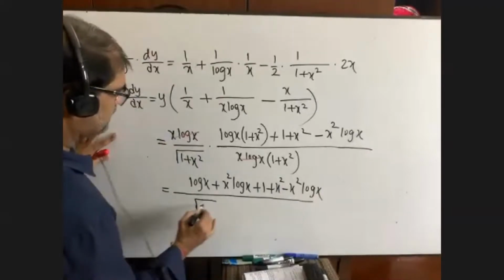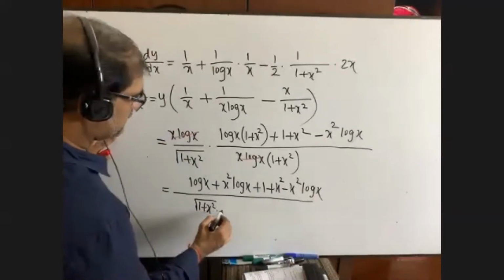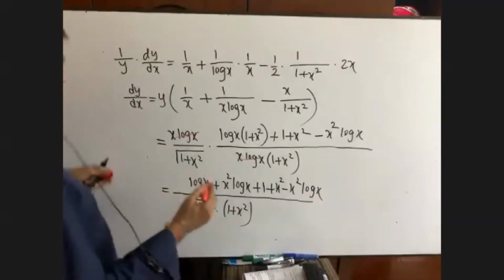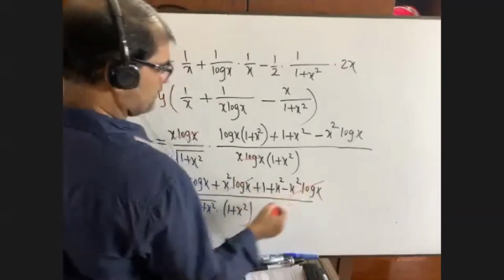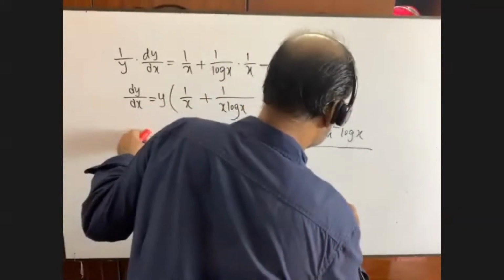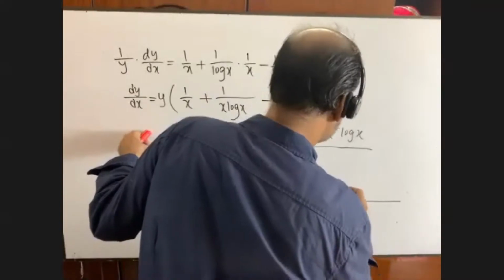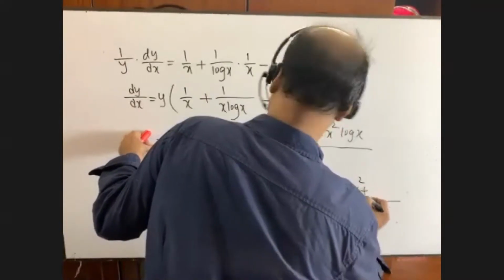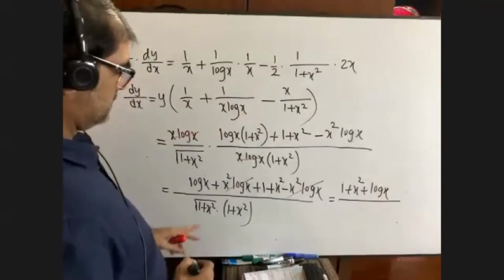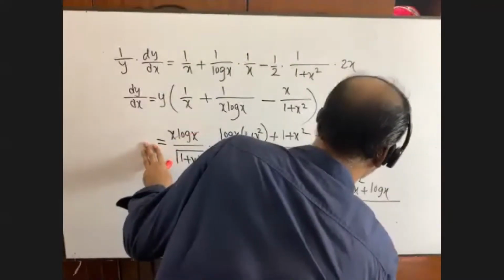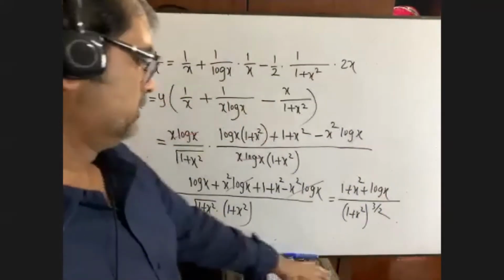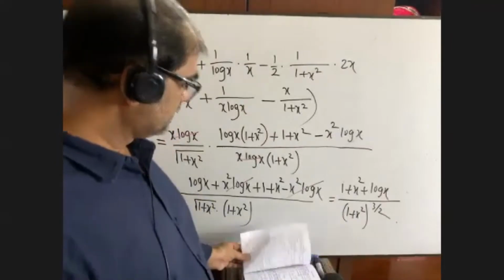And here it is root over 1 plus x square into 1 plus x square. This will be omitted. Okay, and we have got our answer: 1 plus x square plus log x by 1 plus x square, whole to the power 3 by 2. We have to see the answer.